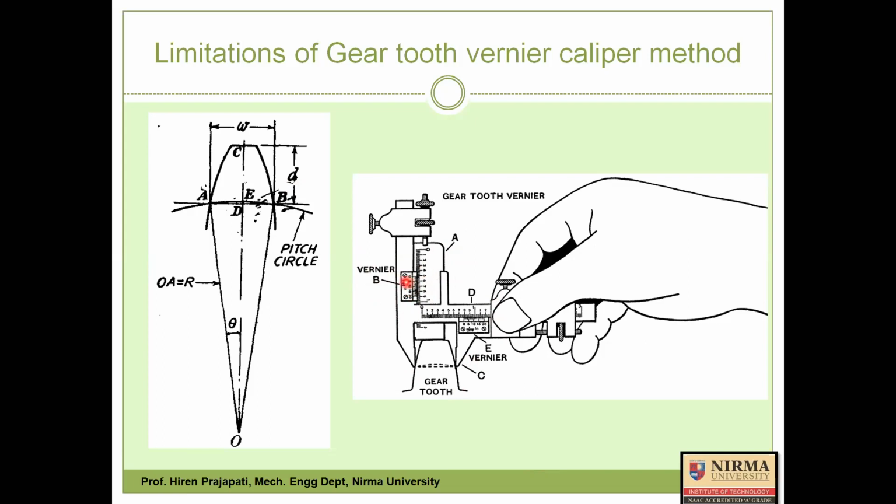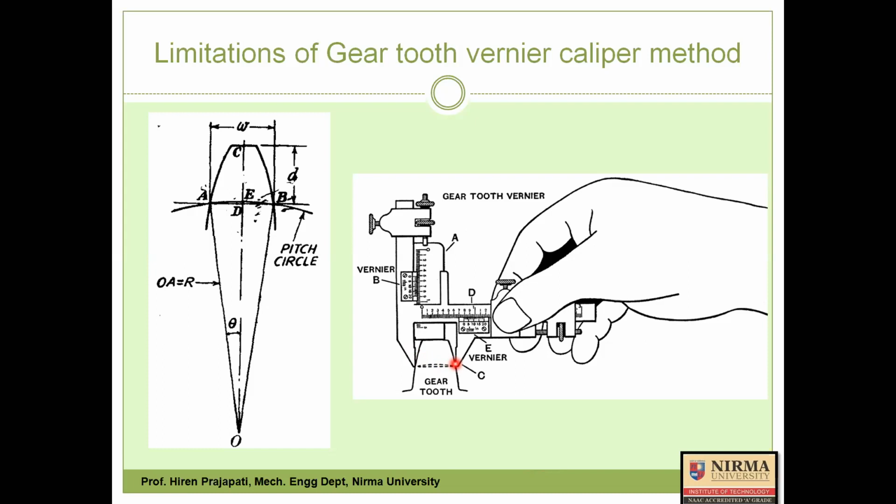Then if I measure any gear with the same module, I know the length of constant chord remains the same, whatever the number of teeth.